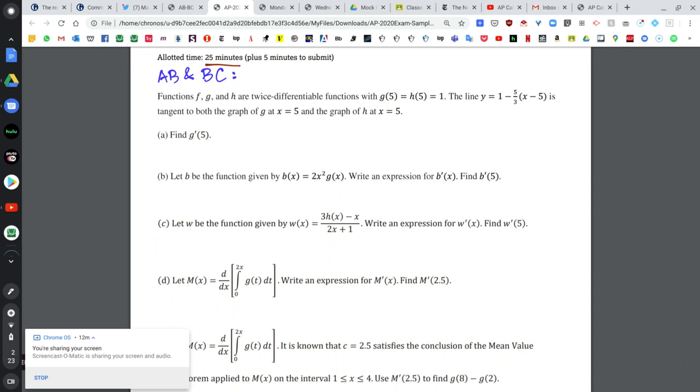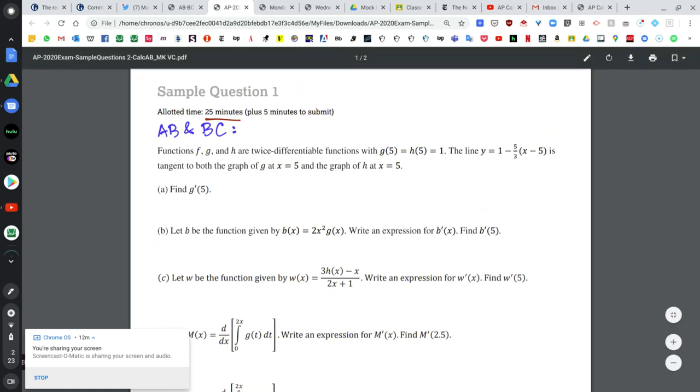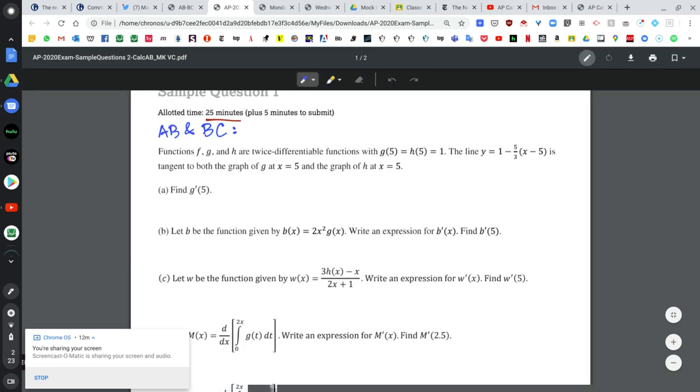So it says f, g, h are twice differentiable, and they're giving you that information so you can process that. This is document 2, okay? They also say the line is tangent to both g at x equals 5 and h at x equals 5.